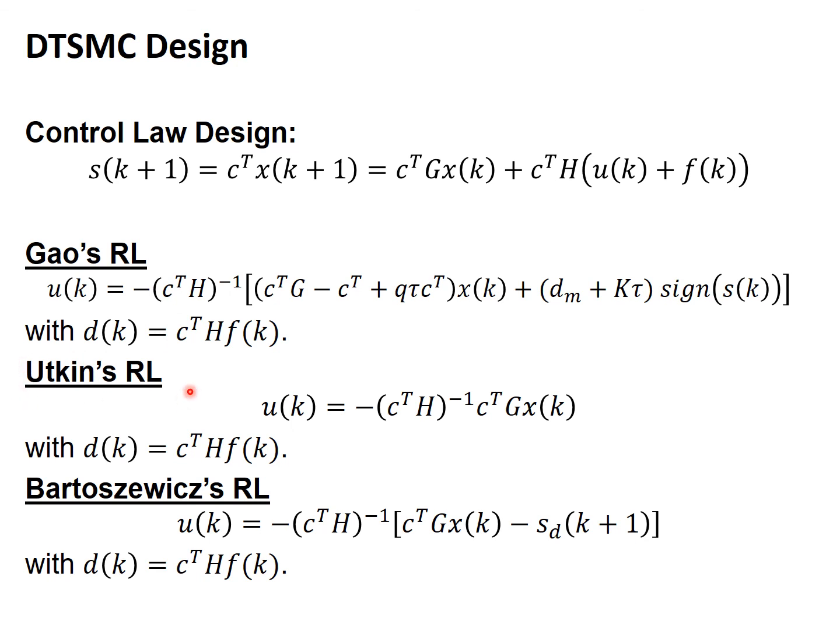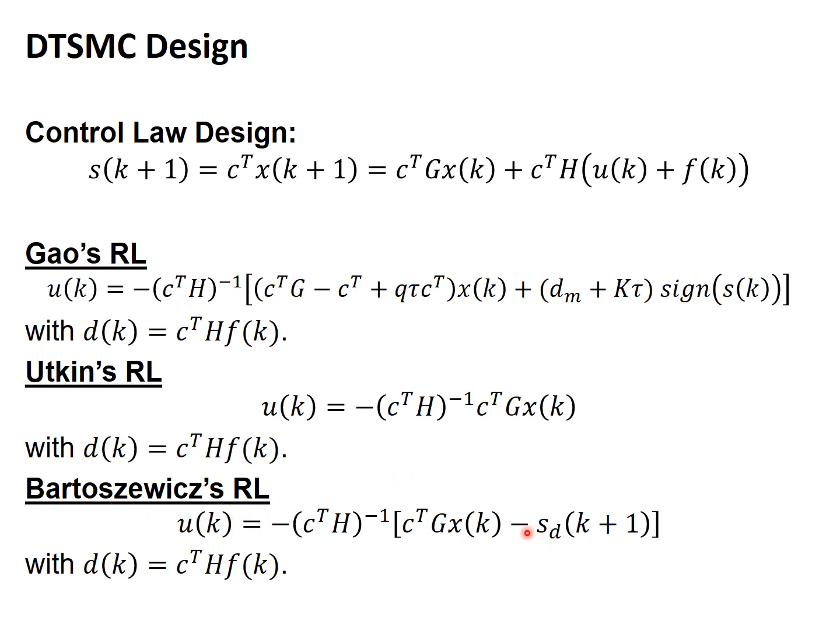Then Utkin's reaching law. This is the RHS coming from the system, and from Utkin's reaching law, S(k+1) is simply equal to dk, and C^T h fk equals dk. So your uk will be simply minus (C^T h) inverse C^T g xk, this much. And in Bartoszewicz you do the same thing.